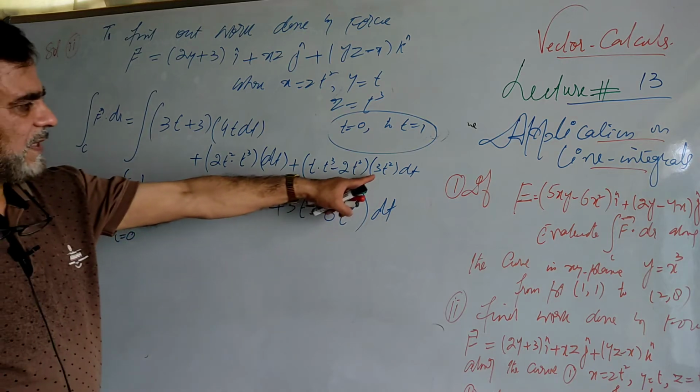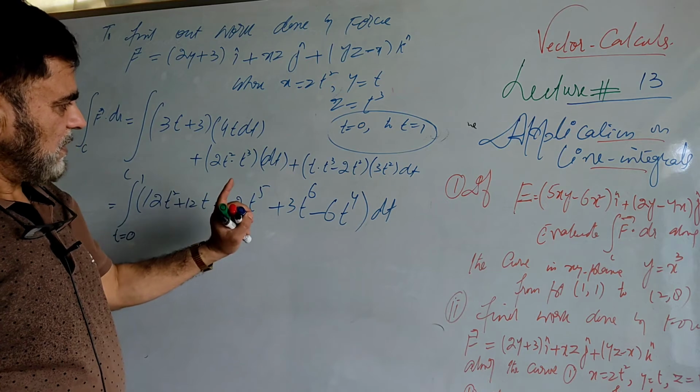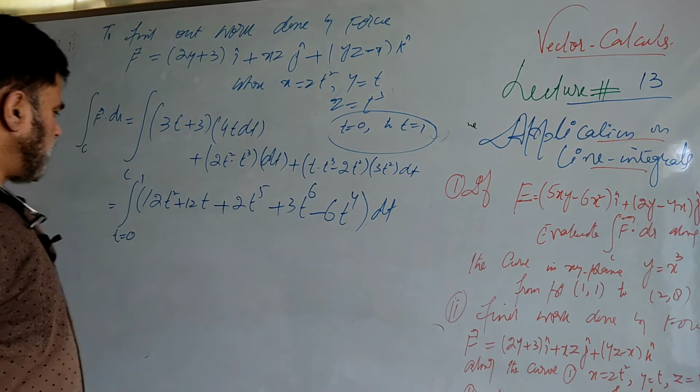Okay, I am doing correctly. This is t4 and this t square means t6. Now you can integrate it.